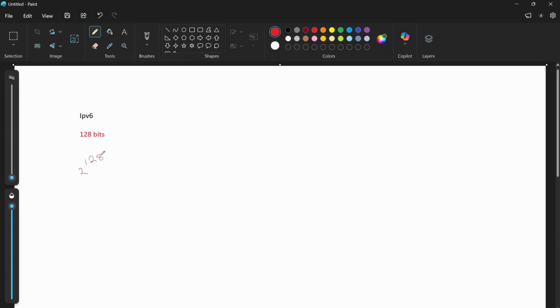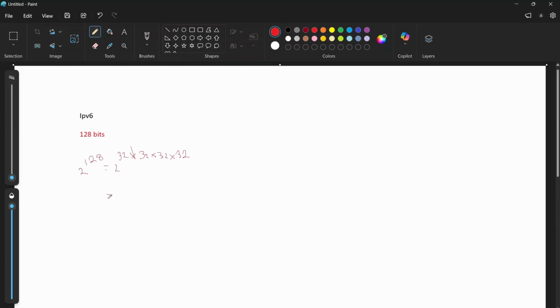This 2 power 128, how will we write it? If you are a math person, we can write it as 2 power 32 into 2 power 32 into 2 power 32 into 2 power 32.